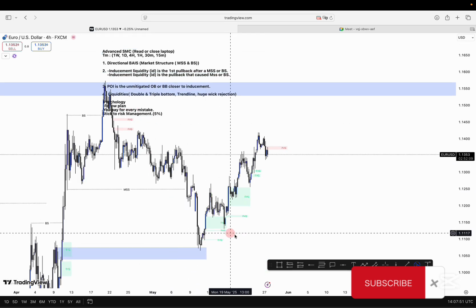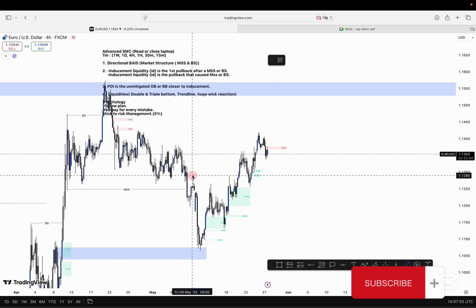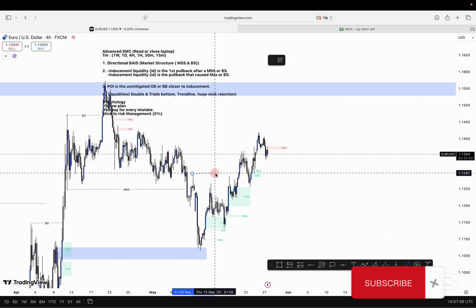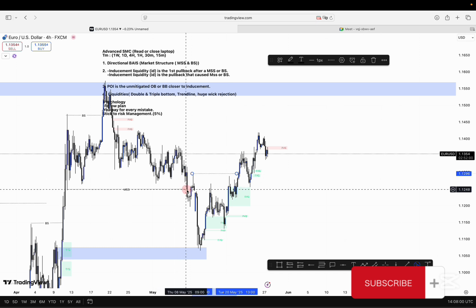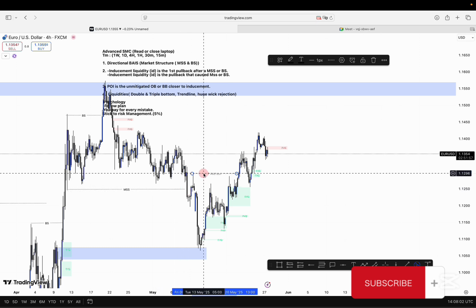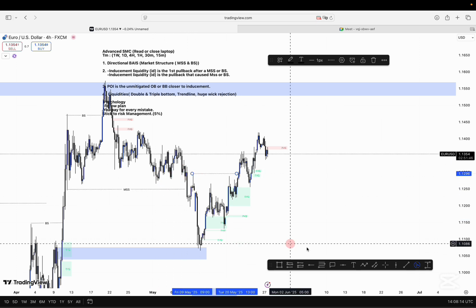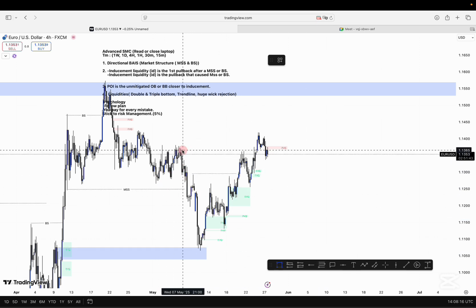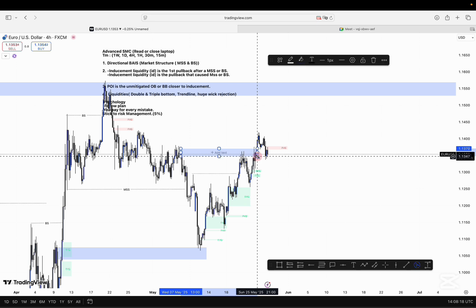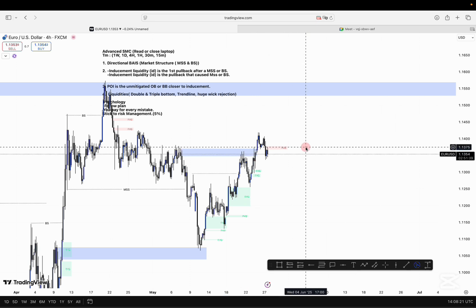So which one was the first pullback? This happened to be the first pullback that we had here after a market structure shift. If that definition does not work the first time, because see, we have a first pullback here where price was supposed to respect this order block, but then it refused.